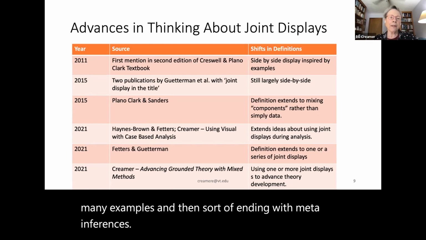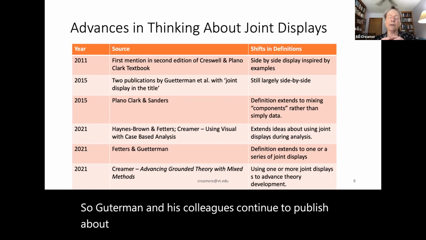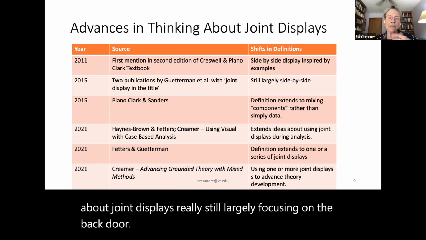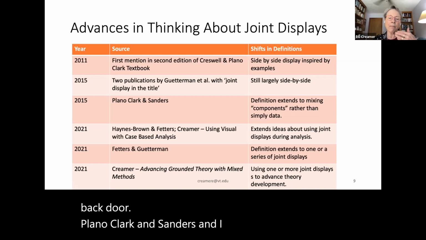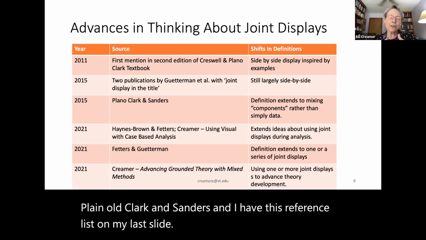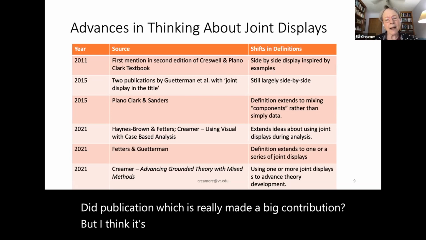Guetterman and his colleagues continue to publish about joint displays, really still largely focusing on the back door. Plano Clark and Sanders, and I have this reference list on my last slide, did a publication which has really made a big contribution, but I think it's in a venue that hasn't gotten very much attention.